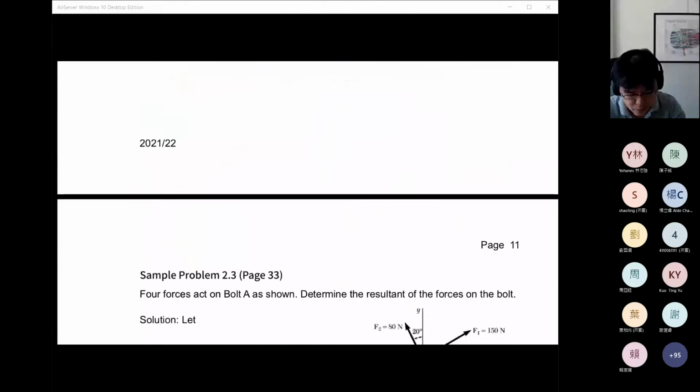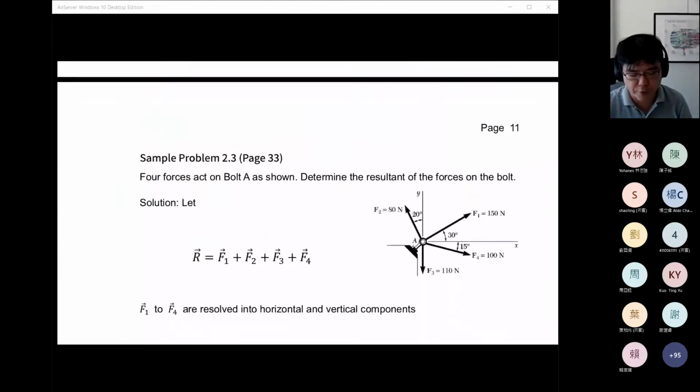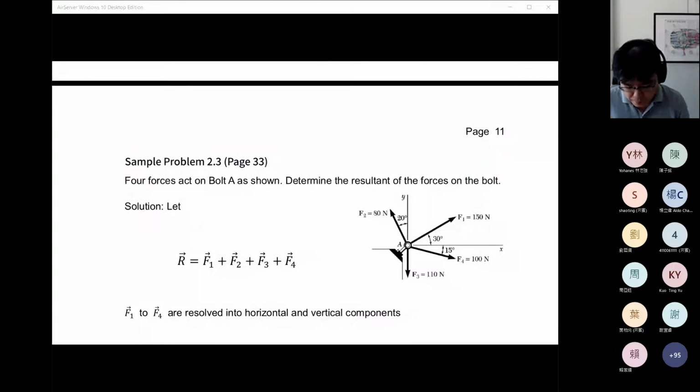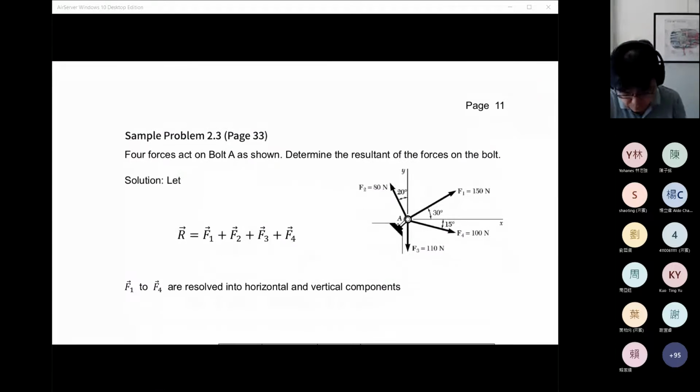So we come to sample problem 2.3. In this sample problem, we are adding four forces together, and we determine the resultant of the forces.